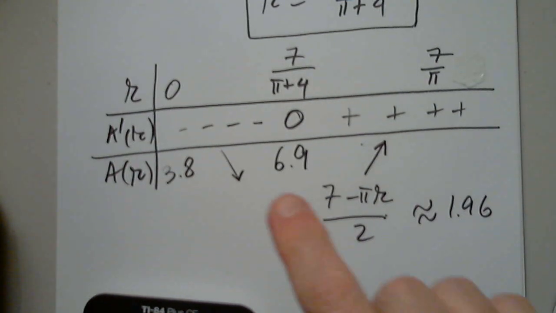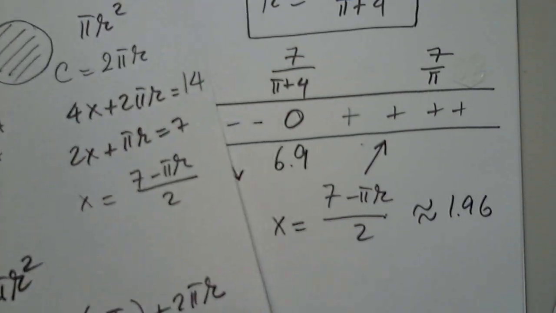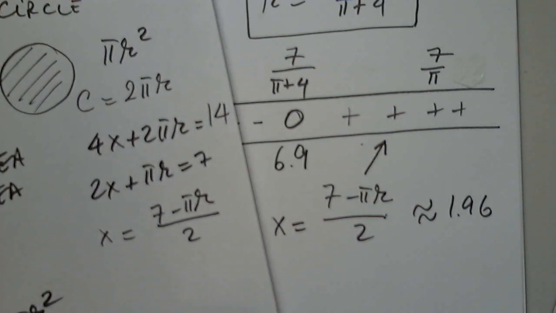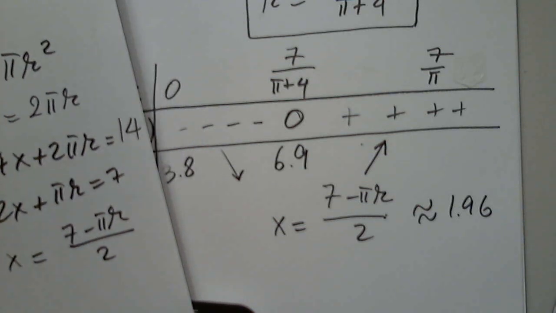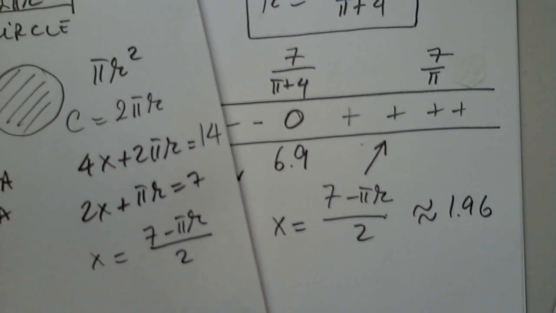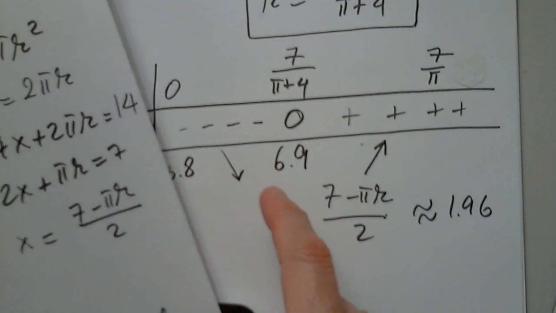Okay. So when r is 7 over pi, again, when r is 0, x is full. So that's why I squared. When x is 0, r is 7 over pi.